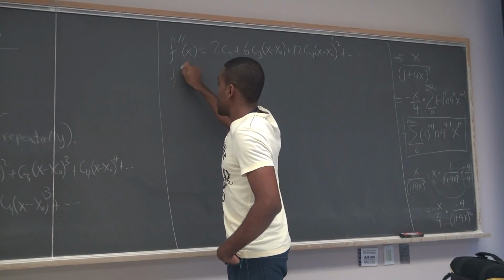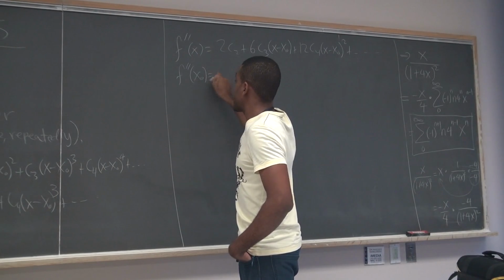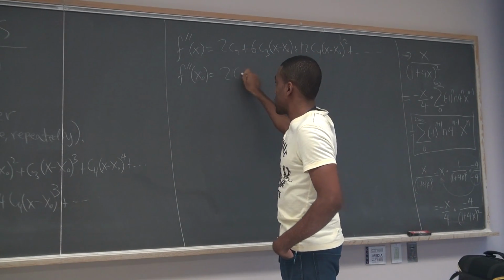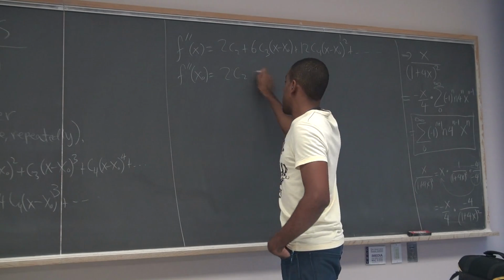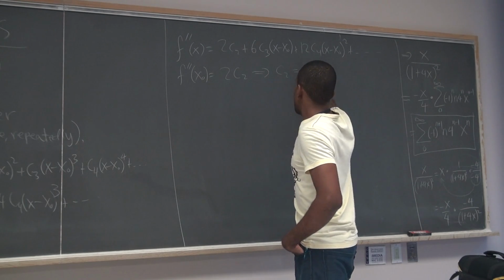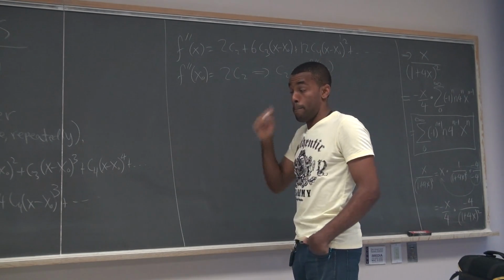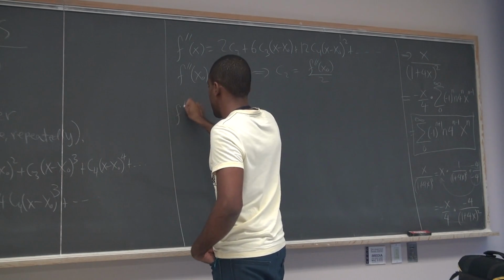If I evaluate that at x naught, what happens? Everyone dies except this guy. So I get 2C2. In other words, I can say my C2 is just the second derivative evaluated at x naught over 2.